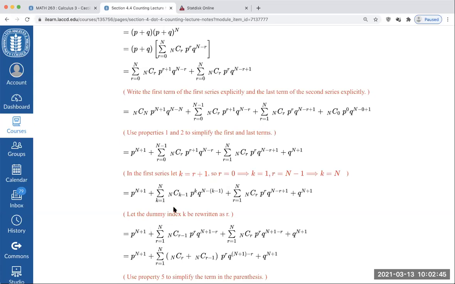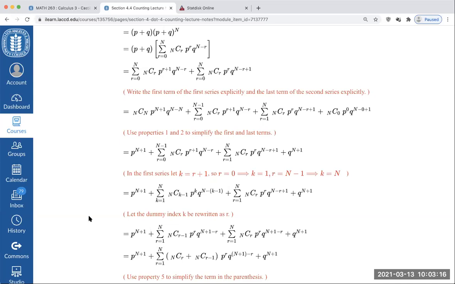And so when R is 0, K is 1. When R is capital N minus 1, K is capital N. Capital N C, but R is K minus 1, P to the R plus 1, but R plus 1 is K, Q to the capital N minus R, but again, R is K minus 1.